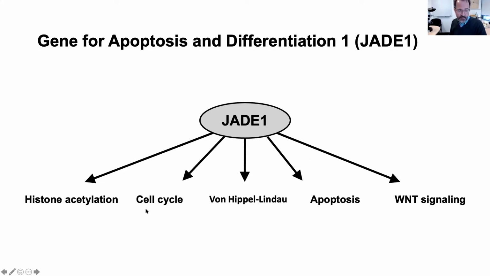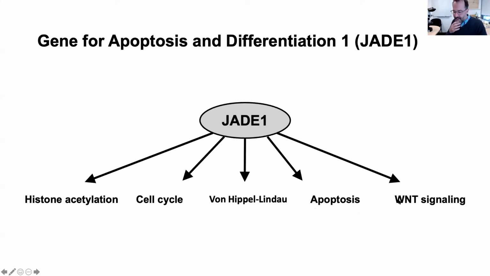Functions include histone acetylation, cell cycle. This is a von Hippel-Lindau tumor suppressor gene, which is associated with certain vascular tumors. This is one of the first known binding proteins of JADE1. It was identified in a screen of apoptosis, which is interesting and important for neurodegenerative diseases, and also Wnt signaling.